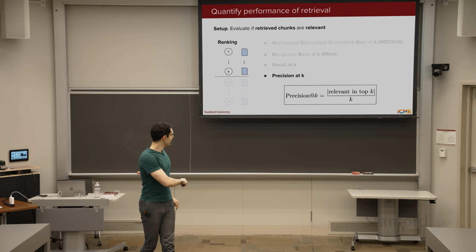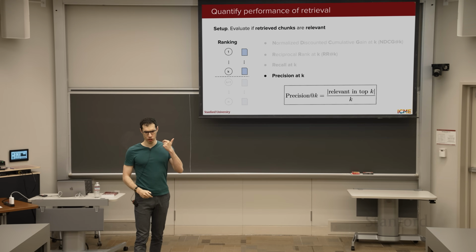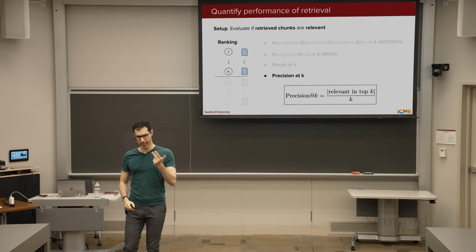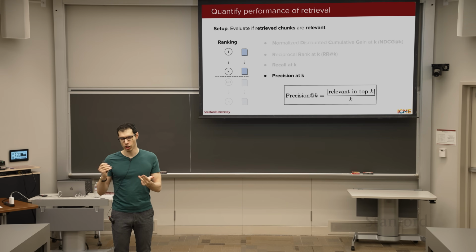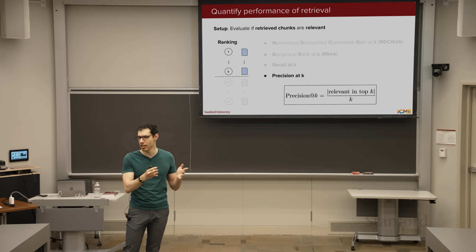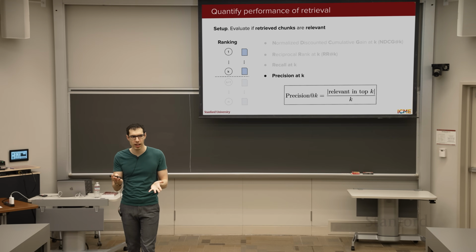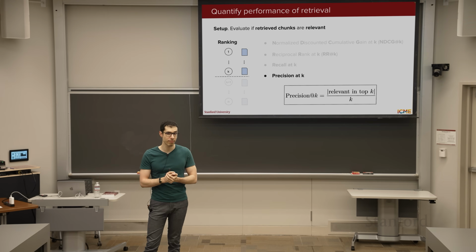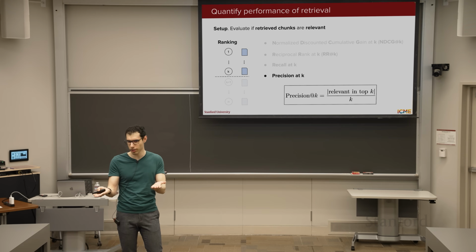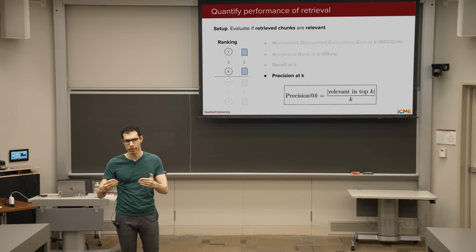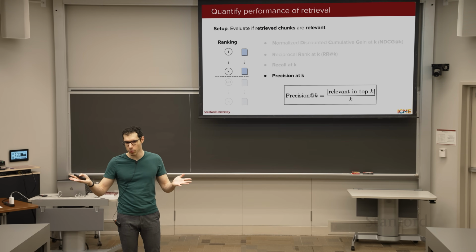So I guess these four metrics, NDCG, MRR, precision at K, and recall at K, you will see in a bunch of papers. So I highly recommend you get familiar with their ideas and maybe with the formula. And these would be the ones that you would use to quantify whether your retriever is doing a good job or not. So you have a bunch of benchmarks out there.